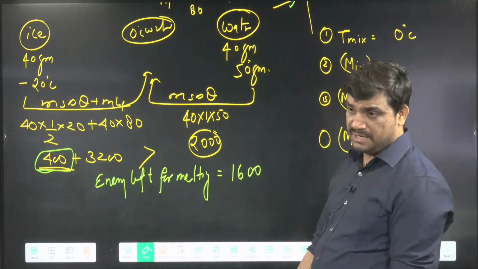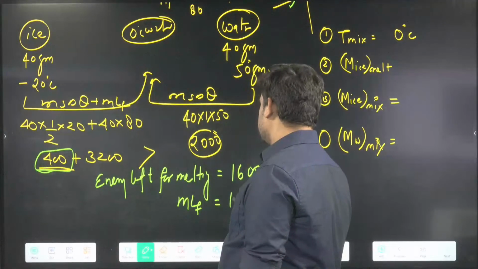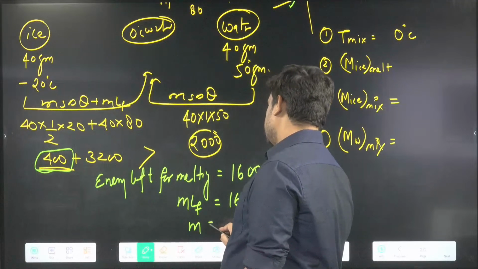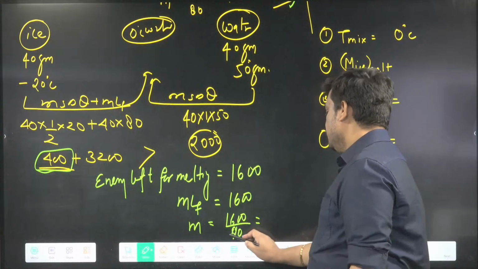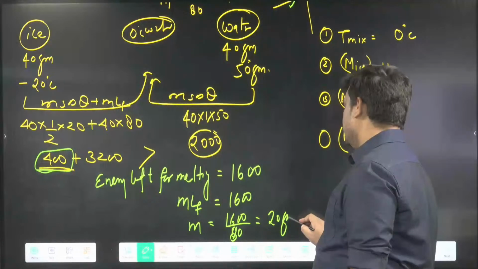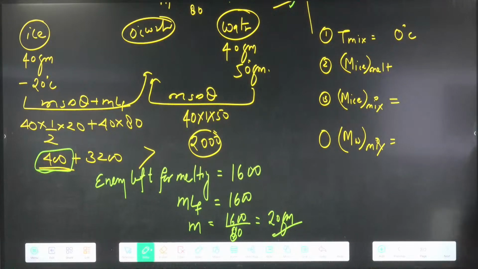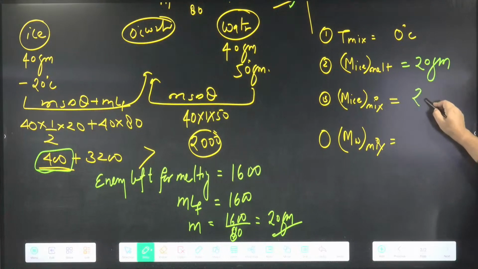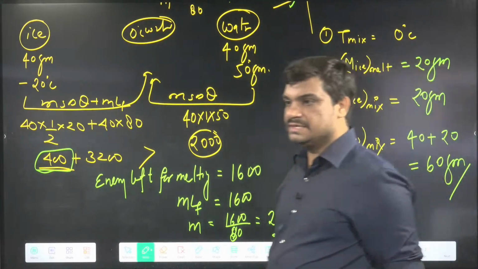Then we can write mLf equal to 1600. So m becomes 1600 by 80, which becomes 20 gram. So 20 gram of ice will melt, 20 gram will be left, and total water will be the 40 plus 20 melted, so it will be 60 gram water. Okay, completed.